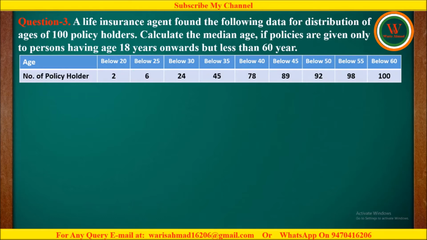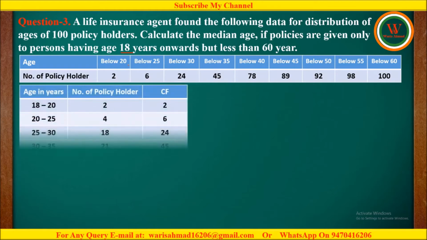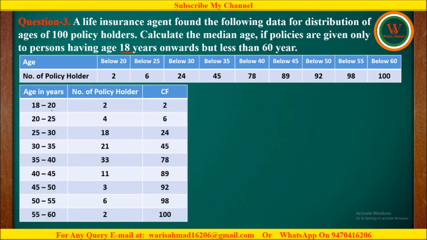Since the minimum age is given as 18 years, for below 20 the first class interval must be 18 to 20. So the frequency distribution table will be like this: 18 to 20, and next will be 20 to 25, 25 to 30, 30 to 35, 35 to 40, and so on.